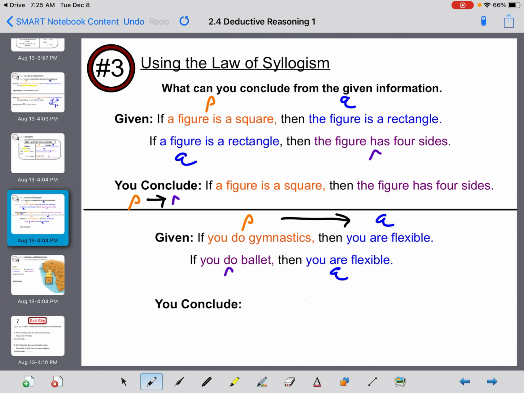This is P, then Q, then R, then Q. We cannot conclude anything here because it does not follow the law of syllogism.